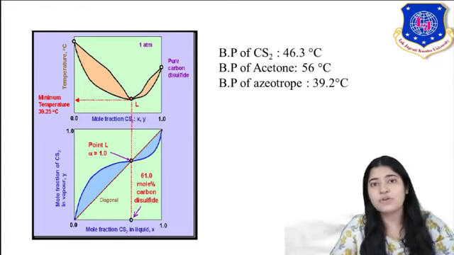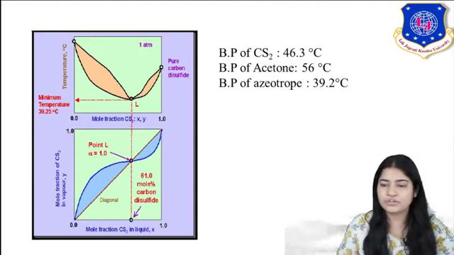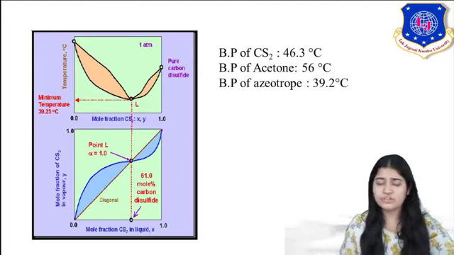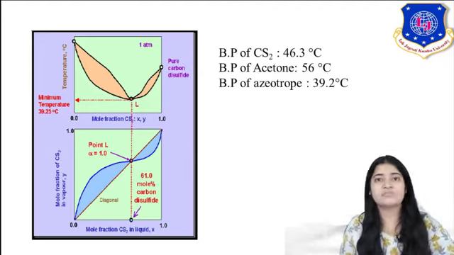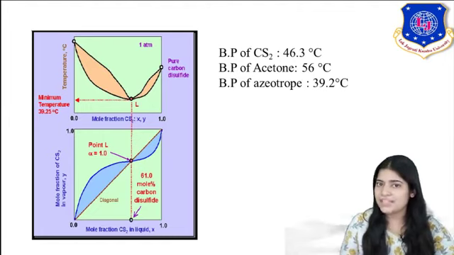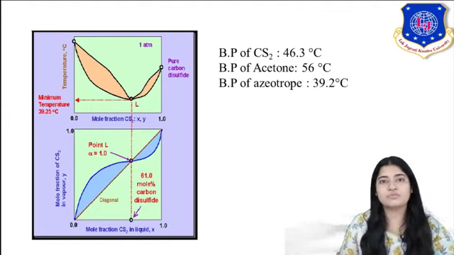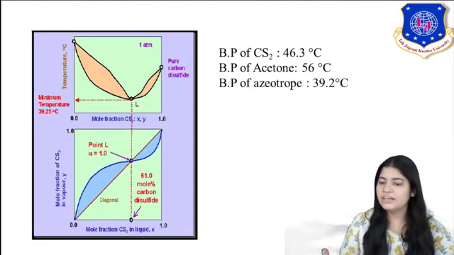So the boiling point of this azeotrope is less than that of the individual components. Hence it is called a minimum boiling point azeotrope. The important note here is that for this kind of azeotrope, gamma is more than 1, hence vapor pressure is maximum, and the corresponding temperature would be minimum. So maxima in the PXY diagram, minima in the TXY diagram.